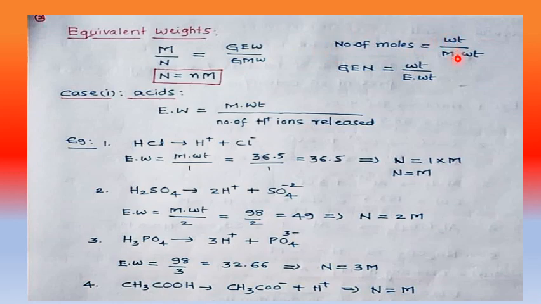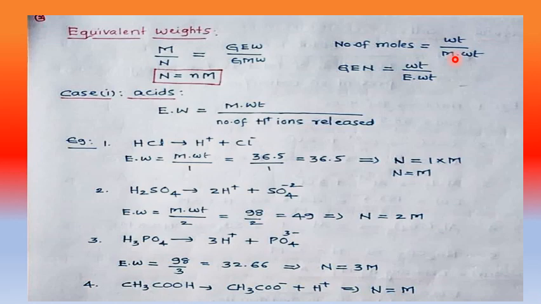We know gram equivalent number equals weight by equivalent weight. This is the molecular weight and this is the equivalent weight. We already know how to calculate molecular weight, but we don't know how to calculate equivalent weight. Of course, some of you know. Now we are going to learn how to calculate equivalent weight for different cases.